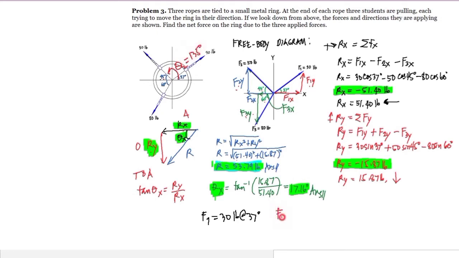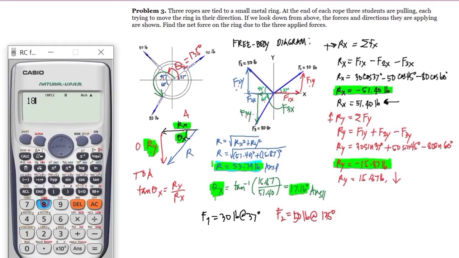So force 2 is equal to 50 pounds at 135 degrees. Then for the force 3, we have here 180 plus 60 degrees. So our theta 3 is 180 plus 60 degrees.